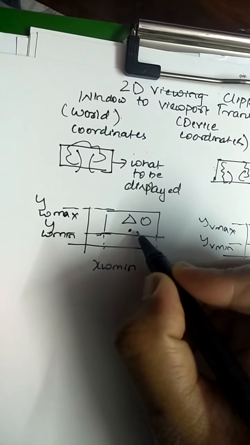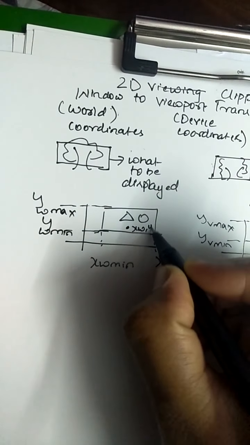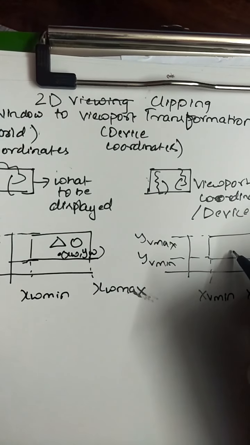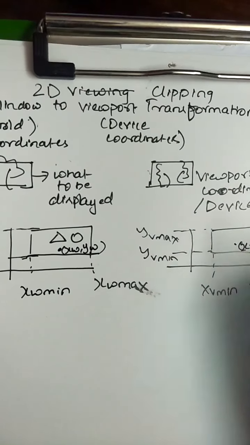Assume there's a point here, XW and YW. This has to be displayed in the viewport at the point XV, YV.